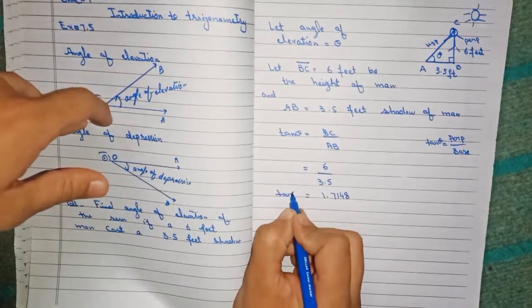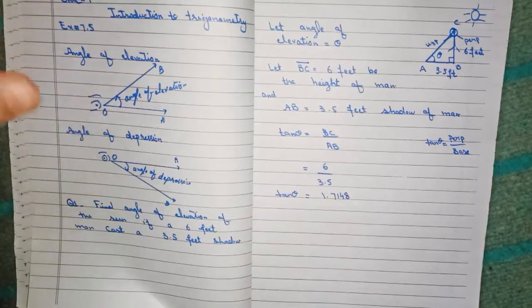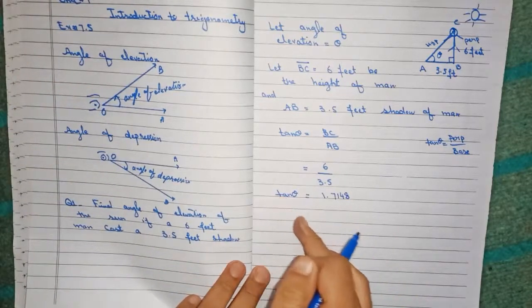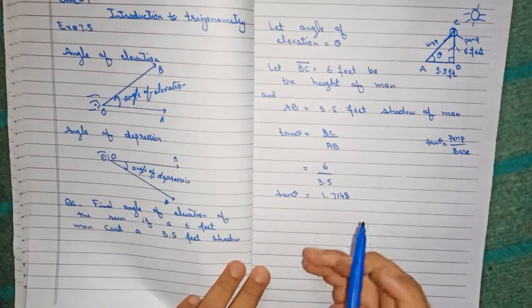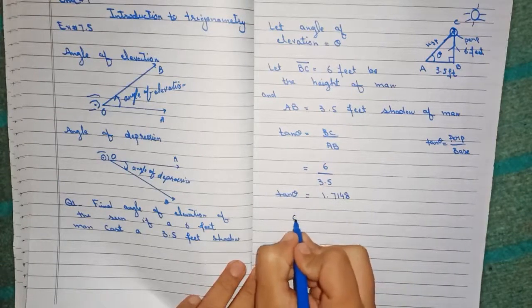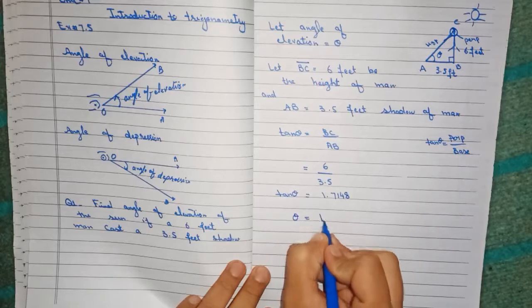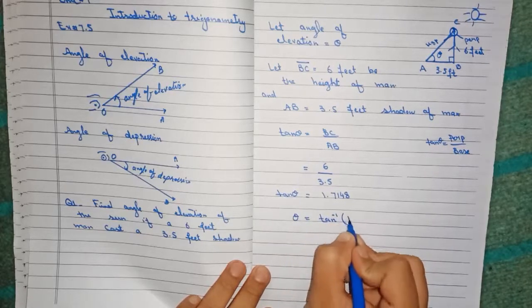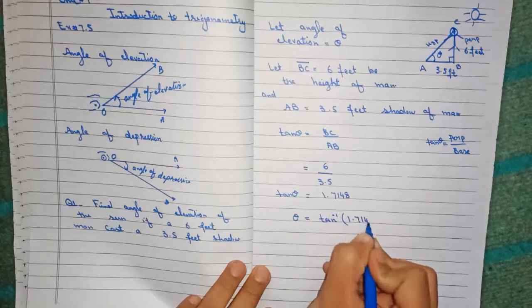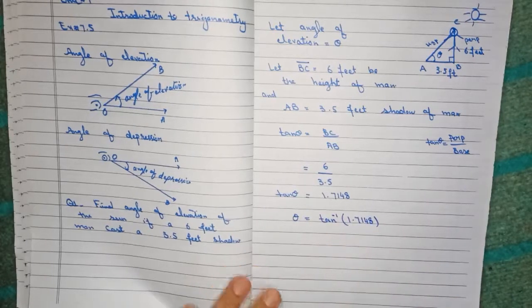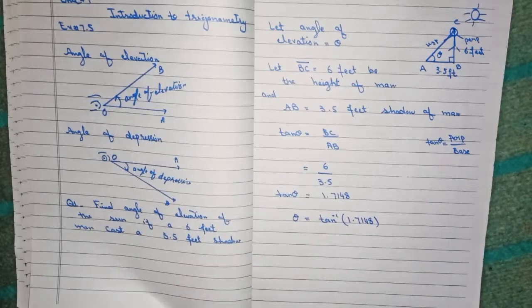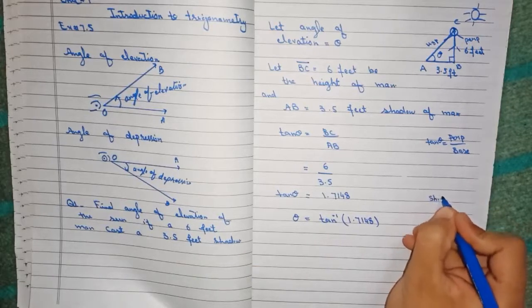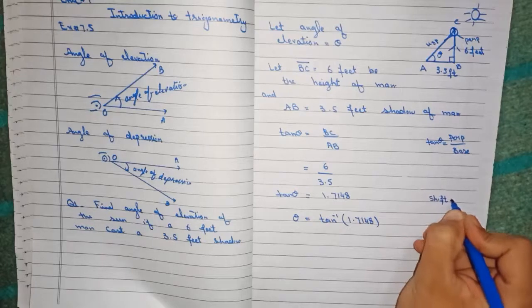We have to find the angle of elevation, that is theta. To find this angle, the tangent will become tangent inverse on the right hand side. Theta equals tangent inverse of 1.7148. Now to find the tangent inverse on your calculator, you will press shift plus tan.